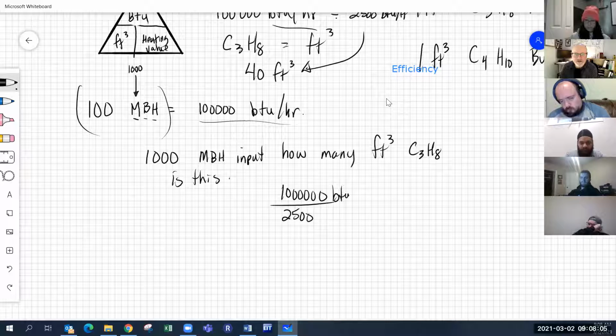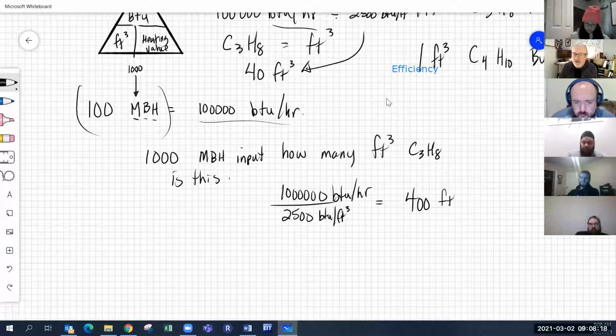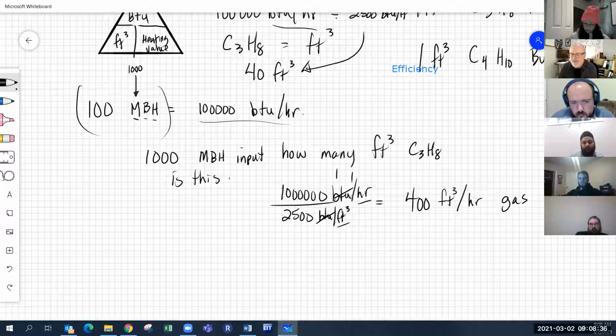This is 1,000,000 BTUs per hour divided by 2,500 BTUs per cubic foot, and you came up with 400 cubic feet per hour. You can see how we want to carry through the increments of measure. The BTUs get canceled out, and I'm left with cubic feet per hour. So this is how much gas we will be burning in 1 hour of time.